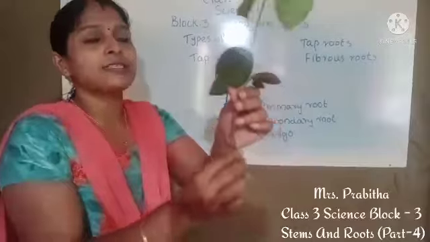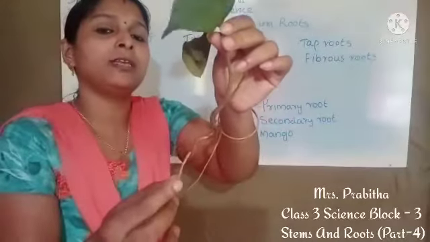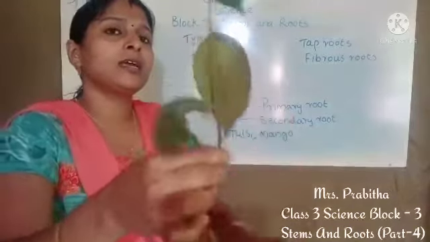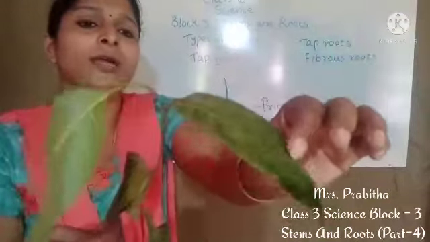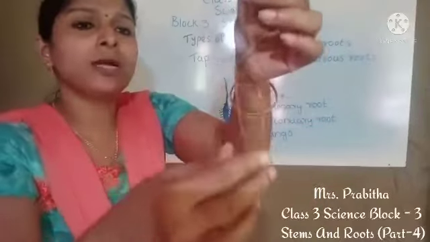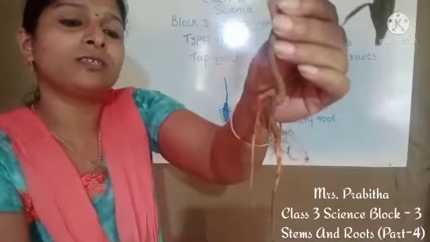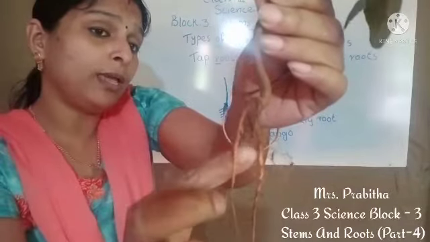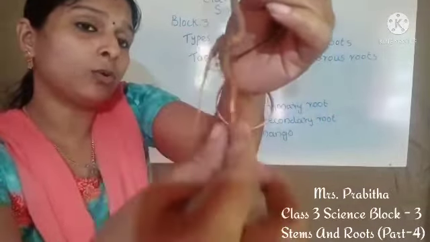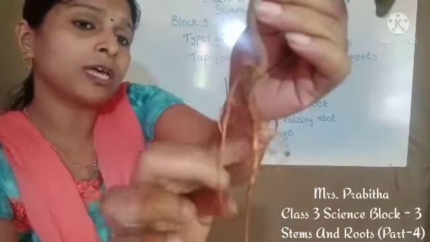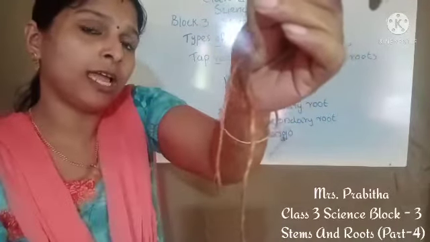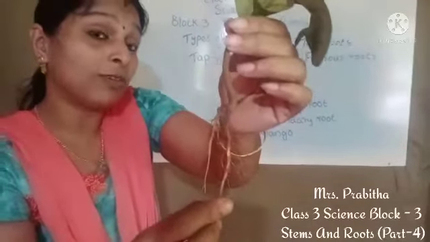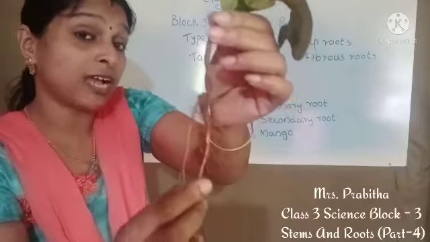See children, this is the plant of a jackfruit tree. You can look at the leaf and understand it is jackfruit. Now look at the root of this jackfruit. We can see one main root, and some small roots are coming from this main root. So an example of taproot is the jackfruit tree.